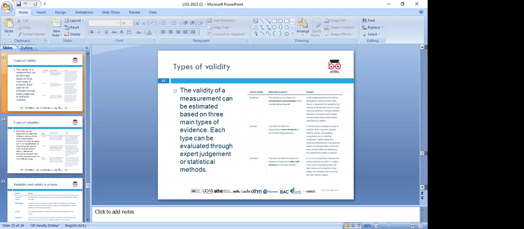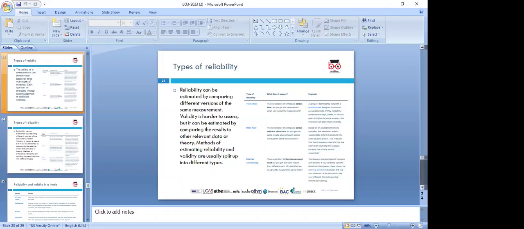What are the types of validity? Validity of a measurement can be estimated based on three types of evidence. Each can be evaluated through expert judgment or statistical methods. It could be construct, or it could be content, or it could be criterion. Okay, all right.